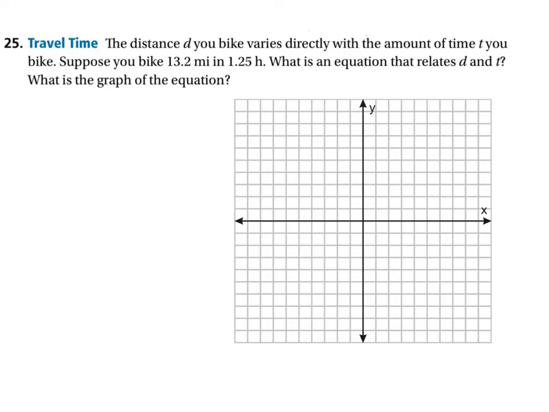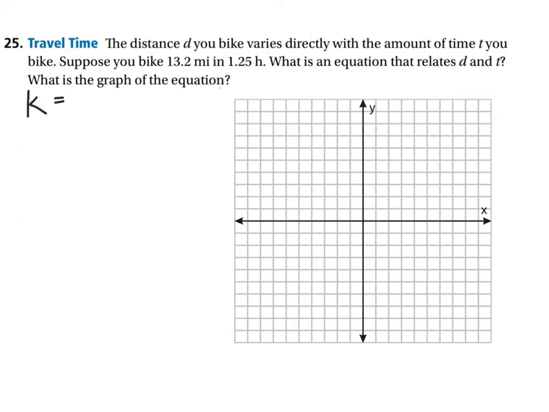Since we're starting with y equals kx, or writing it in the variables we were given, the distance is equal to kt, then we divide both sides by t. As I just said, to find k, we're doing d divided by t.